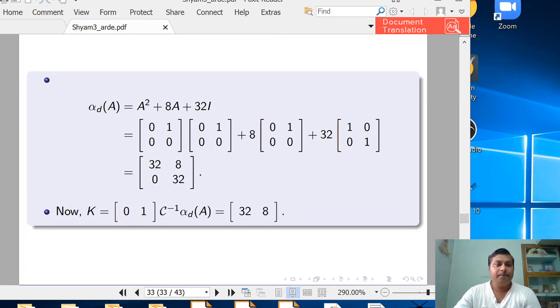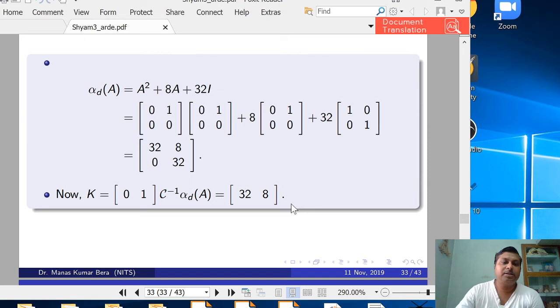Now K will be 0 1 C inverse alpha_d(A), because it is a 2 by 2 system, so the row matrix has dimension 1 cross 2. If you substitute C inverse and alpha_d(A) and perform this multiplication, you will find that 32 and 8 is the controller gain, which we have calculated earlier also. So this is the way by which you can calculate the controller gain.